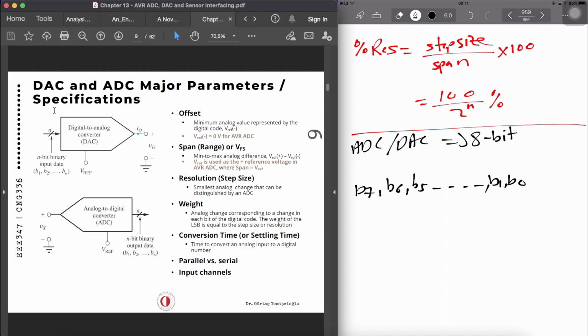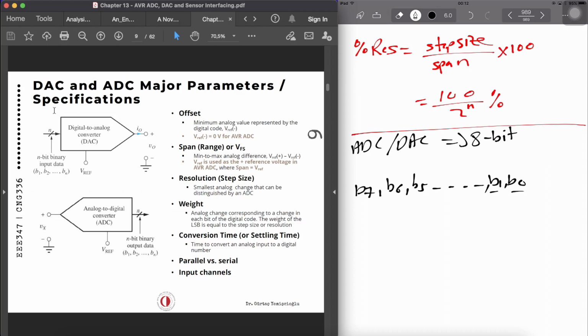When we are changing the weight associated with this B1, it's not as small as B0. The weight is higher. When we are changing B1, we are actually changing a larger voltage or a larger analog parameter. It has a certain weight associated with it that is larger than B0. And the same applies for the others.